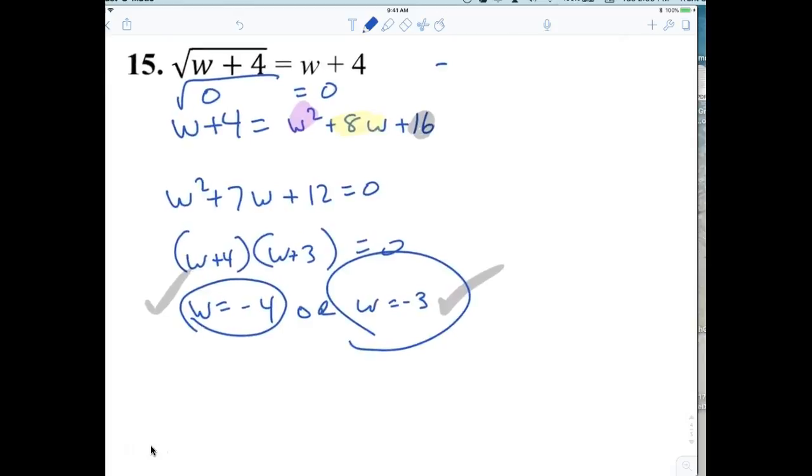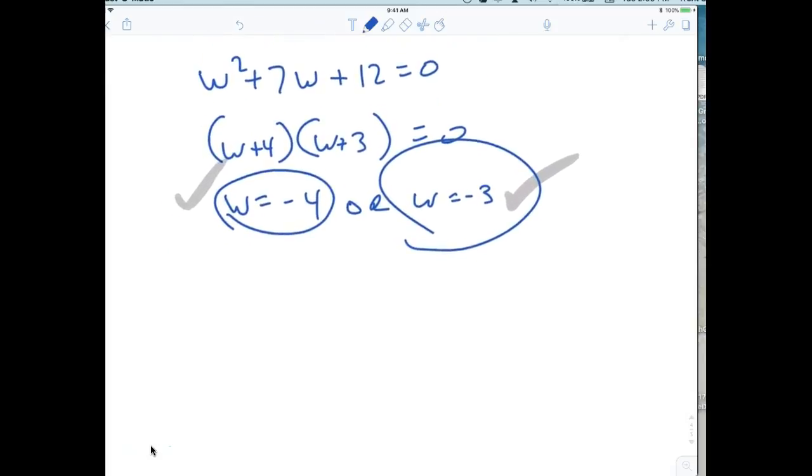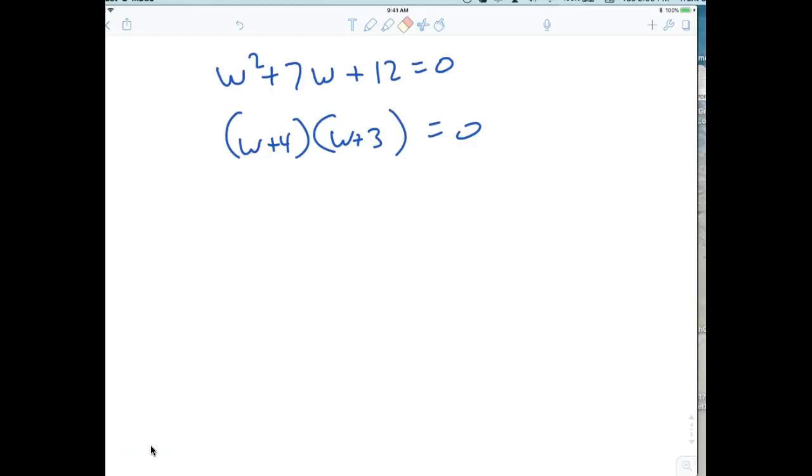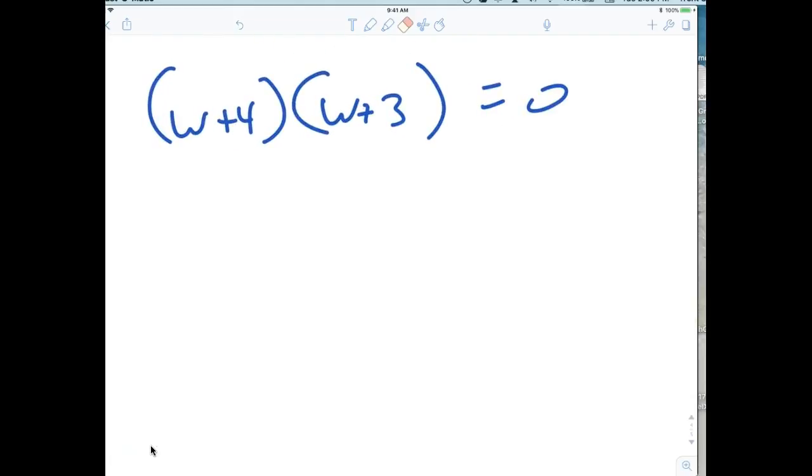Why is it negative? Oh, come on, guys. Remember, you have to set it equal to 0. So you say W plus 4 equals 0. What number goes in here for W to make that 0? If I plug 4 in, what's 4 plus 4? 8. That's 8 times 7.